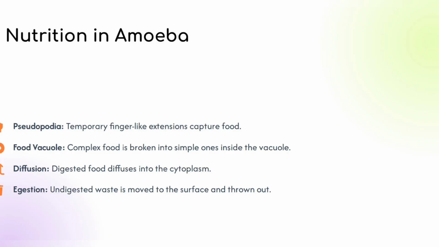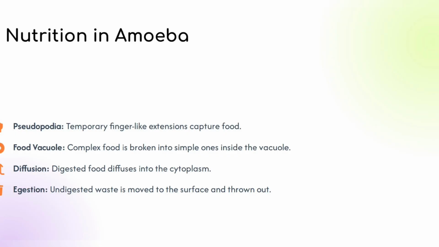Amoeba is a unicellular organism, but its nutrition process is very interesting. It catches food using pseudopodia, temporary finger-like extensions. It surrounds the food particle and engulfs it. Then a food vacuole is formed around the food.